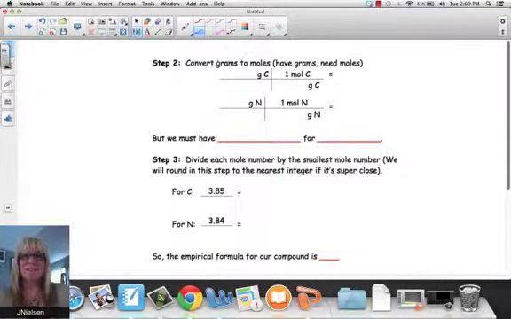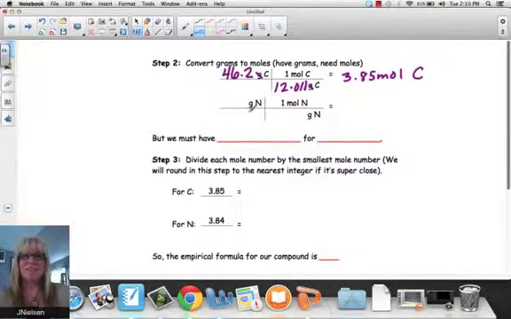mass to moles, so grams. So how many grams of carbon did I just say I had? 46.2 grams of carbon. And remember, 1 mole equals the gram formula mass, so the gram formula mass of carbon is 12.011. So my grams will cancel. 46.2 divided by 12.011 is 3.85 moles of carbon.